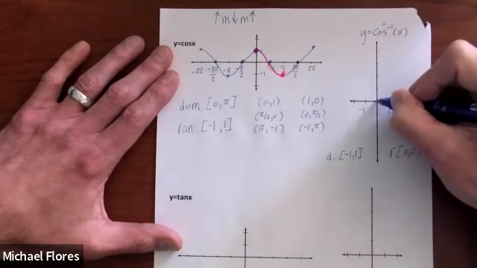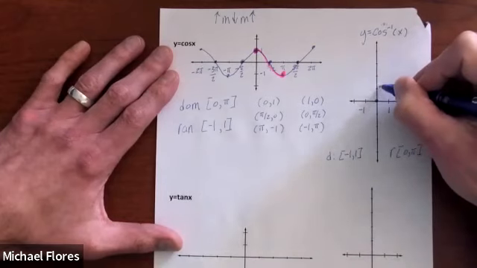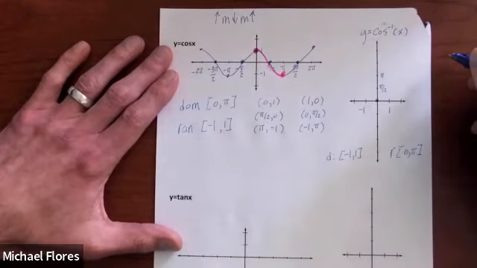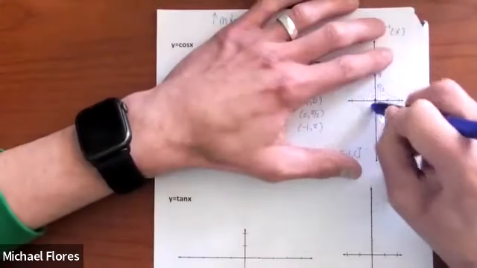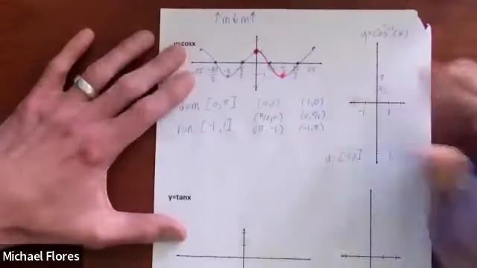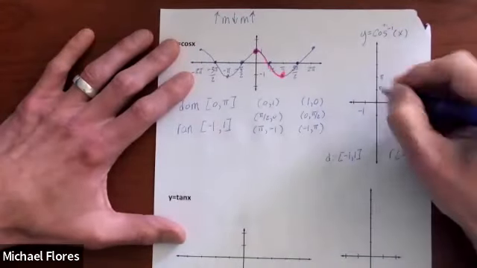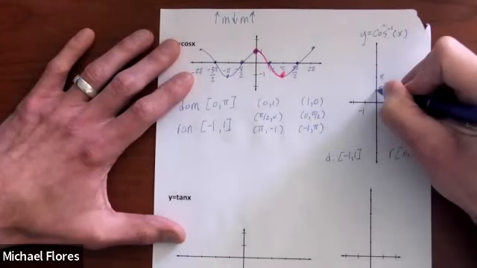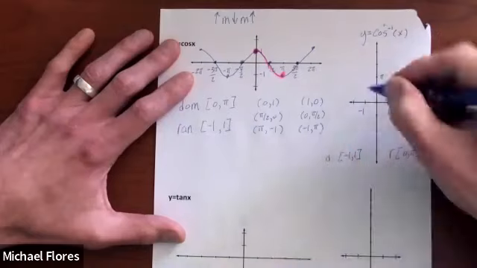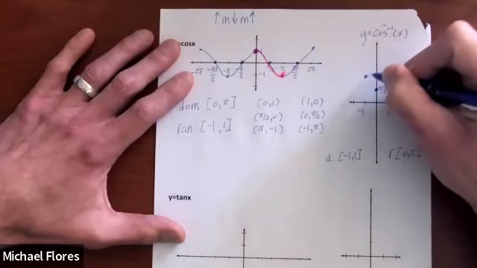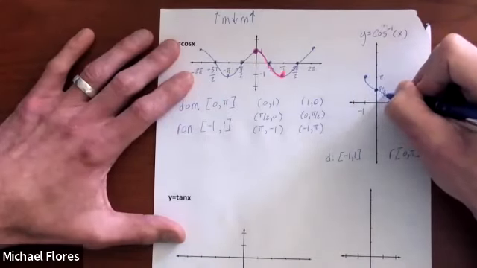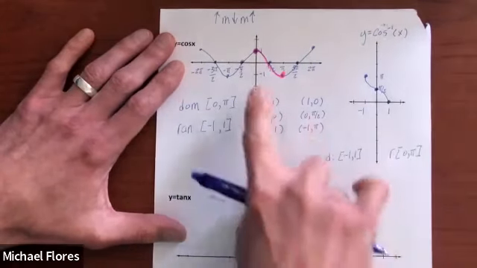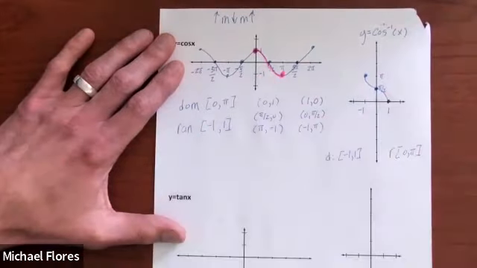Range is from 0. This is pi over 2. This is pi. Now let's start plotting them. Might have to get rid of that dot there because we want to start at 1 comma 0. Then 0 comma pi over 2. Negative 1 comma pi. Now that we have restricted the domain, we have a one-to-one function.